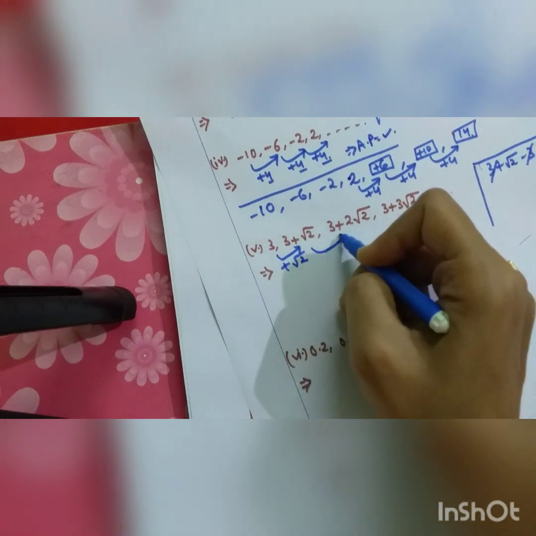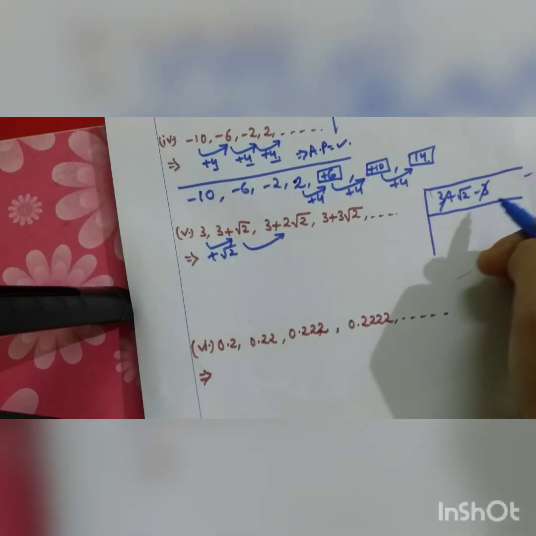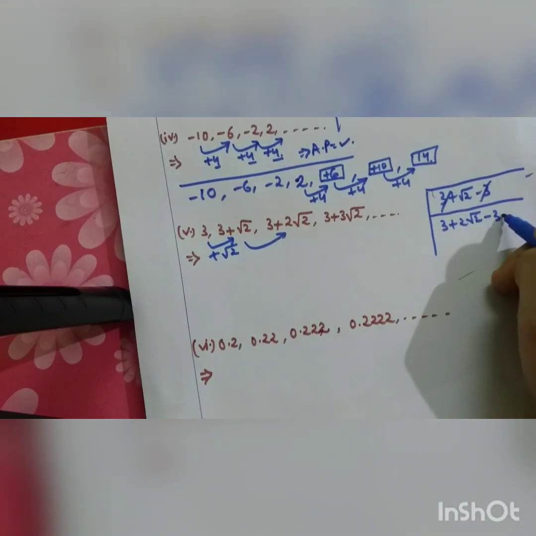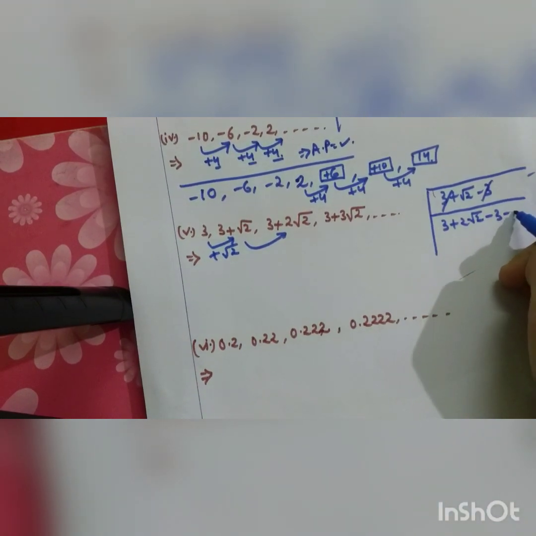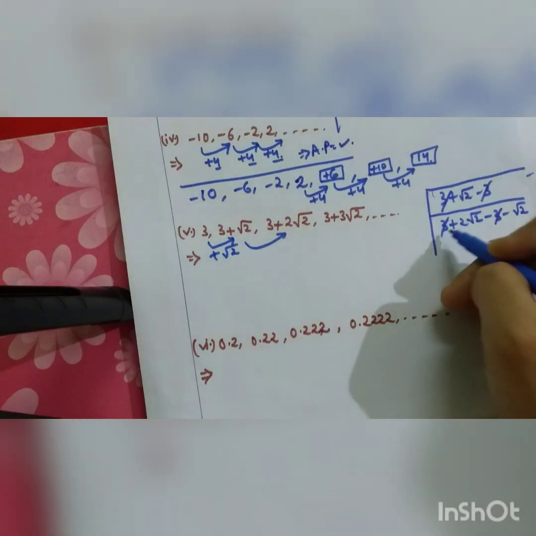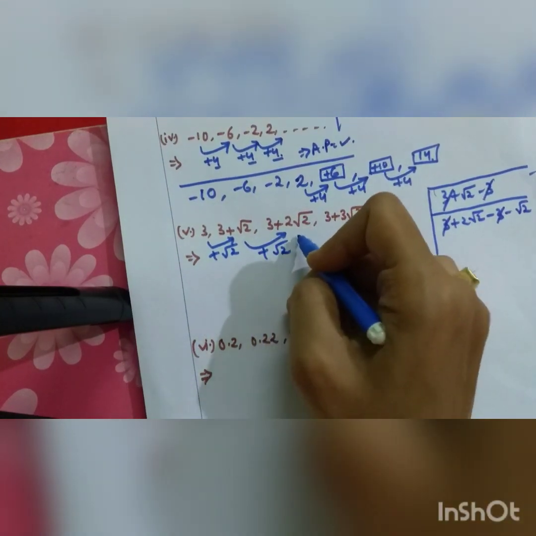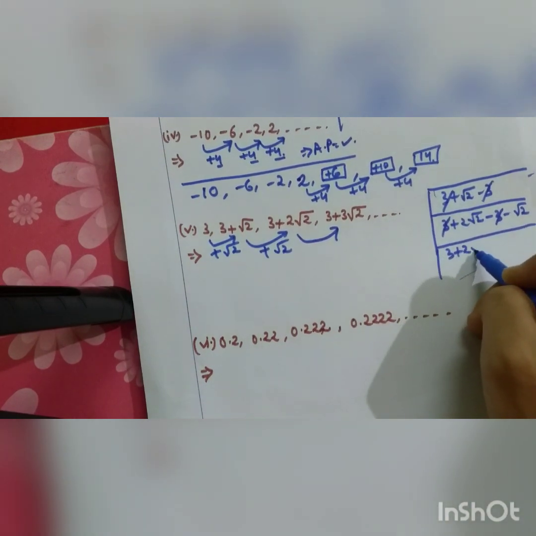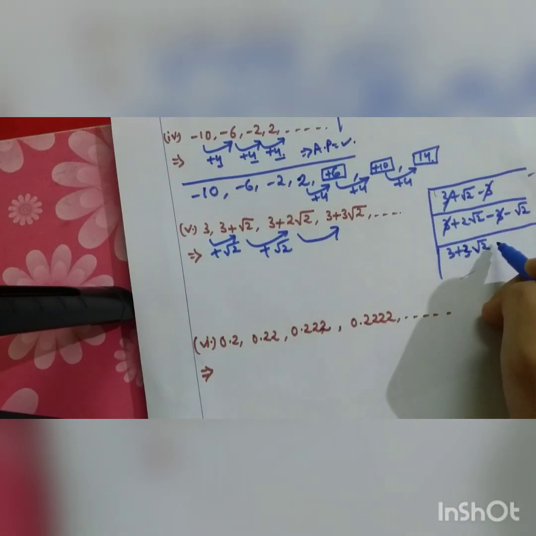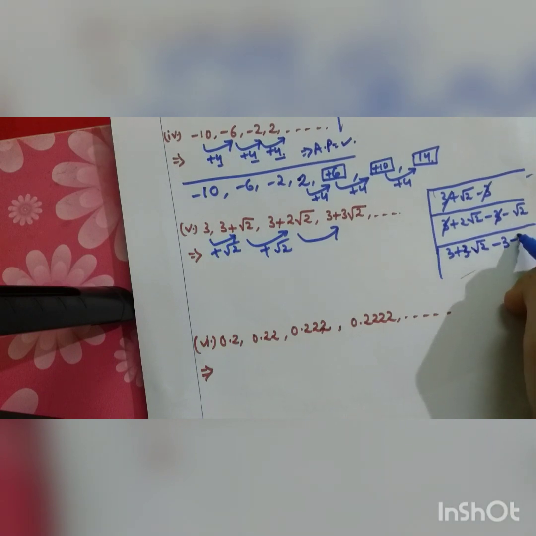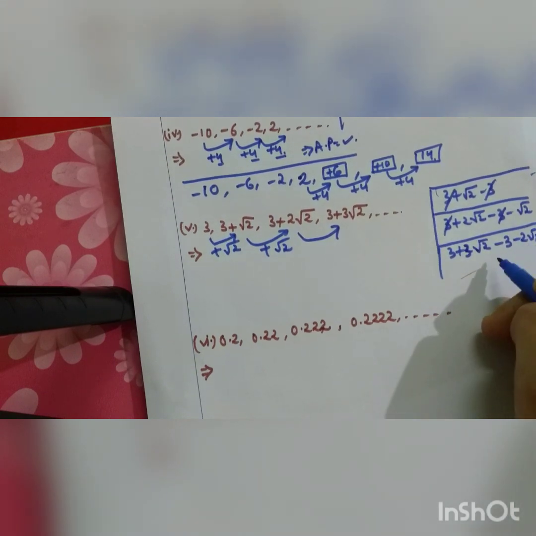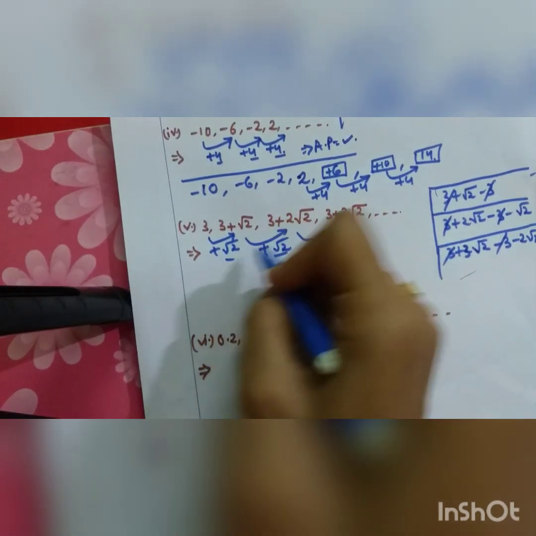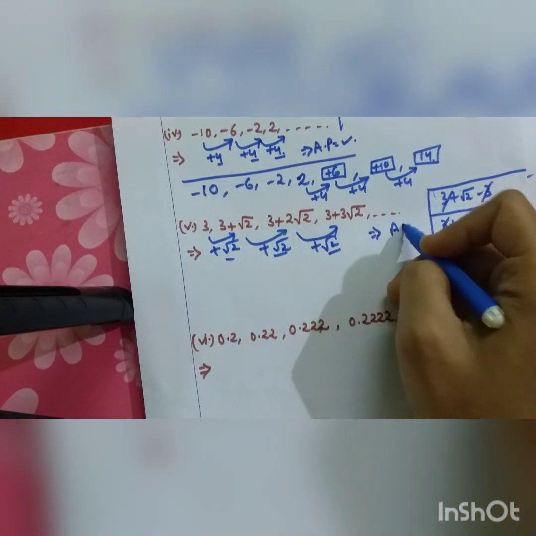Again subtract the third term, 3 plus 2 root 2, from the second term, and you will again get root 2. Subtract the fourth term, 3 plus 3 root 2, from the third term, and again you will get root 2. Since your common difference is the same, every time root 2, this series is in AP.